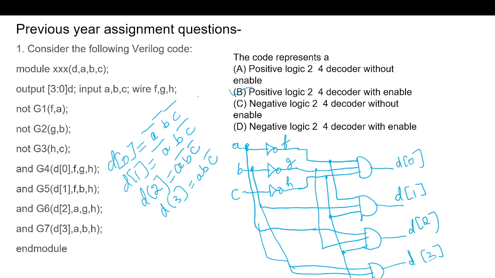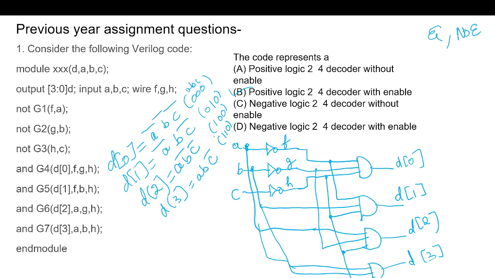So when it is 0, 0, 0, I am choosing this one. When it is 0, 1, 0, I am choosing this one. When it is 1, 0, 0, I am choosing this one. And when it is 1, 1, 0, I am choosing this one. So you can see there are two options, whether we have an enable or no enable. If I say this has A, B and C, can you say which one is the enable signal?